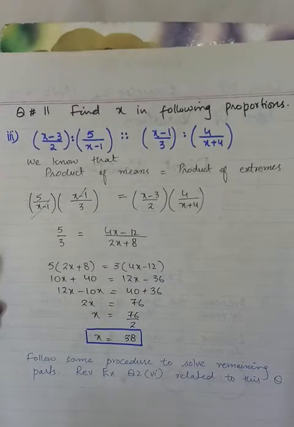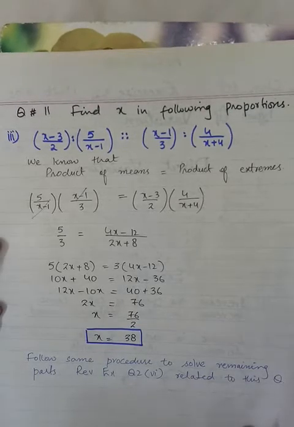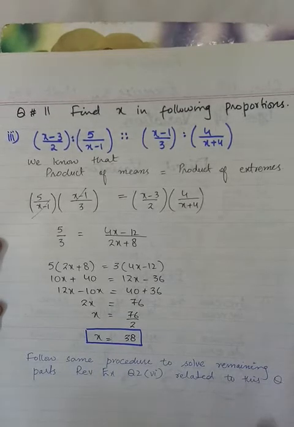Now students, for question number 11, what is written? Find the x in the following proportions. I will teach you one part and you have to do the remaining parts using the same procedure. We have to find the value of x in the proportions, and we know that proportion is equality of two ratios.